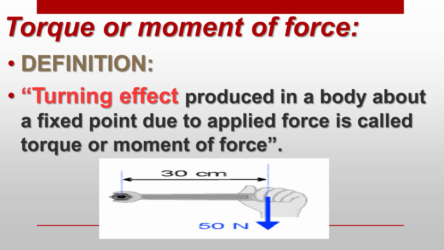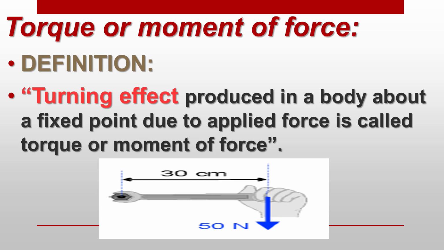When we switch on the fan and it starts rotating, that effect may be known as torque, but when it is moving with uniform velocity, that effect is never known as torque, because torque is the turning effect produced in a body about a fixed point due to applied force. This is basically torque or moment of force.